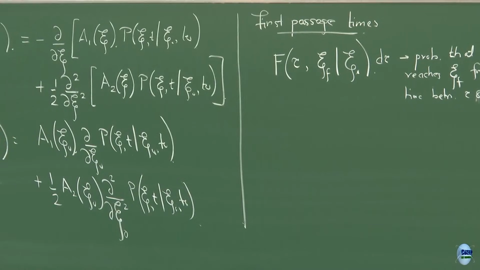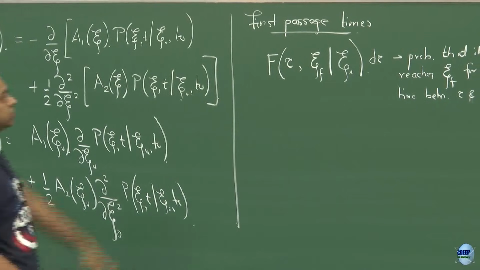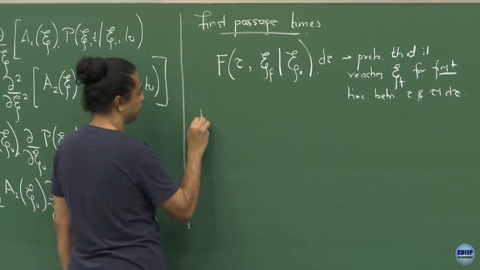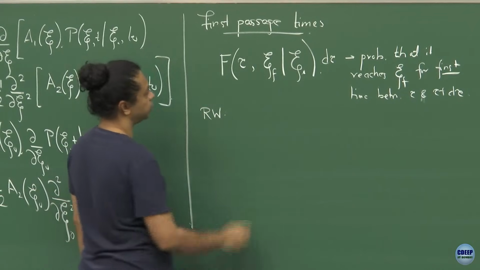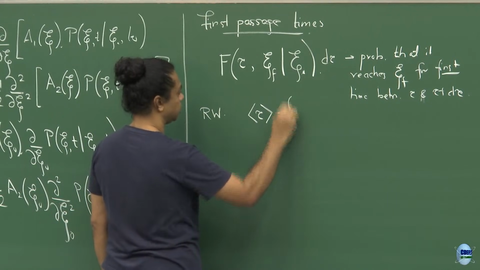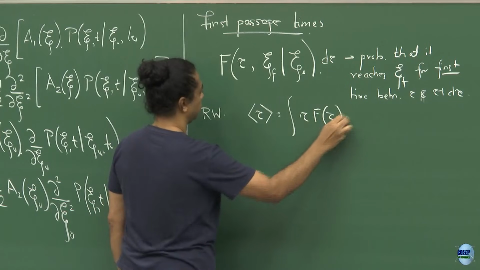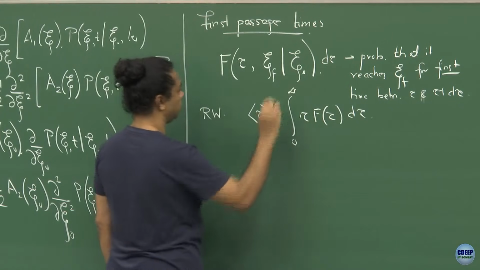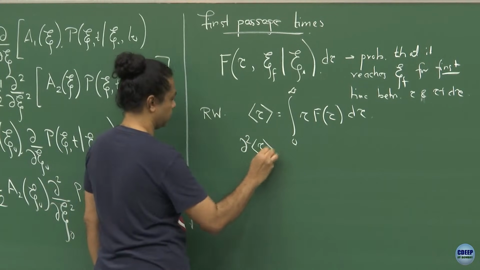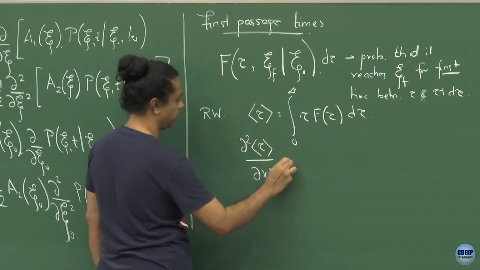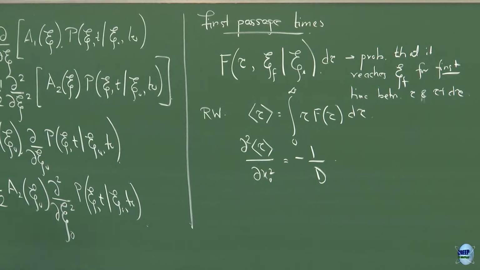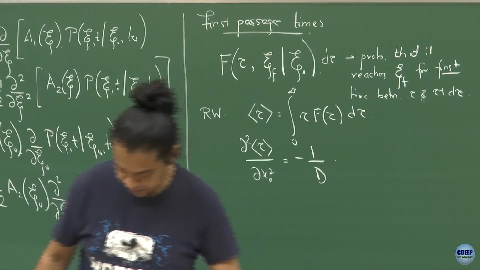Last day we had done the mean time, not formally, but just for the case of the random walk. For the case of the random walk, we had shown that if I calculate the mean first passage time, tau being the integral of tau f of tau d tau from 0 to infinity, that obeys the equation del 2 tau del x naught squared equal to minus 1 over D. So we'll see that hopefully that will also come out.